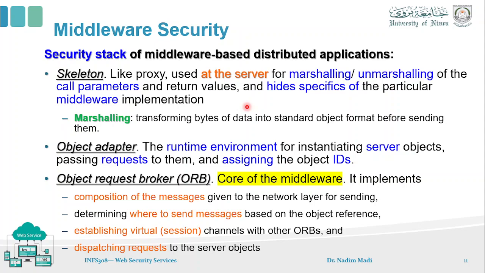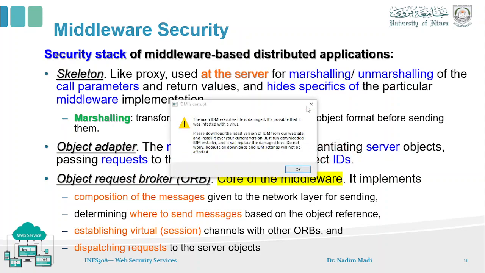Something like JSON, where we use JSON in order to reformat a specific shape of data into another shape that could be understood by the other web services using XML libraries. We have also the object adapter. This is also a runtime environment for the server, which handles the request and assigns the object ID. It looks like this is a third party for having object IDs.